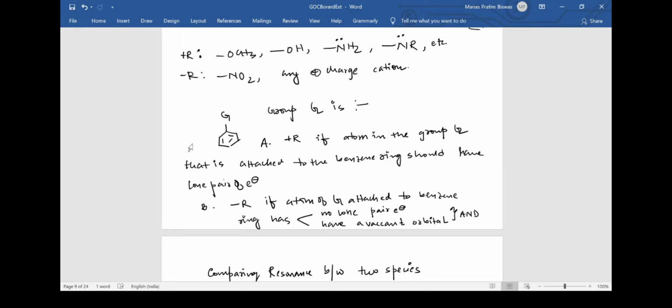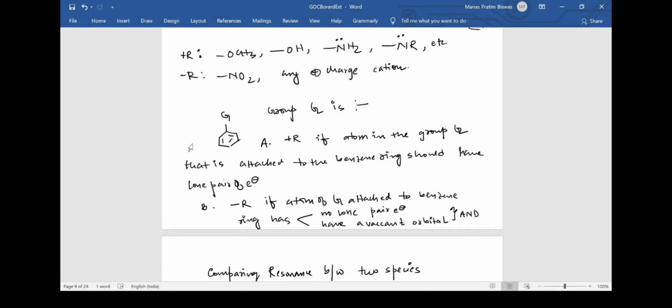In OH, you must mind that OH is attached to the benzene ring via the oxygen atom, not the hydrogen atom. In the benzene ring along with NH2, the NH2 group is attached to the benzene ring via the nitrogen atom. That means the nitrogen atom's availability of electrons is to be checked.